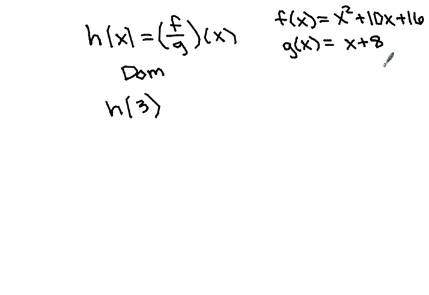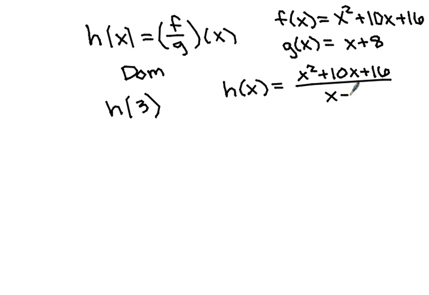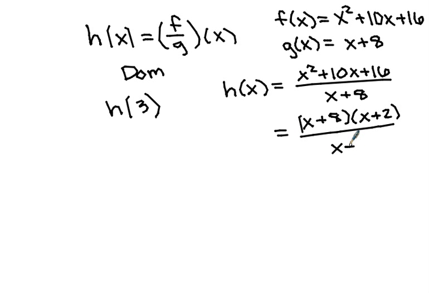So in this situation, when you go to find your new h of x rule, you're going to end up with x squared plus 10x plus 16 over x plus 8. You can factor that top so that it's x plus 8 times x plus 2, all over this x plus 8. What do we notice happens? That'll cancel with that. So our new function rule can be written fully simplified as just x plus 2.